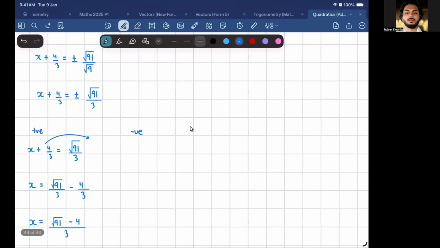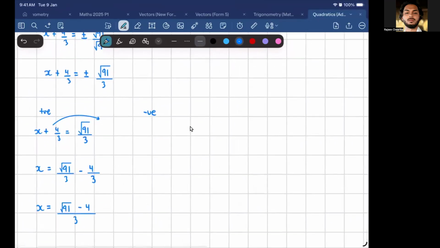Could you help me with the negative case, Caleb? So x plus 4 over 3 would be equal to what? x plus 4 over 3 is negative root 91 over 3. Right? We want to find x, so what shouldn't be on the left-hand side? 4 over 3. Yeah, that shouldn't be there. So you're going to move that across.